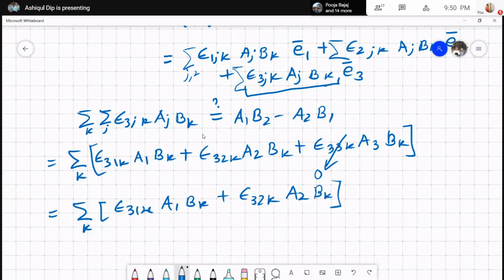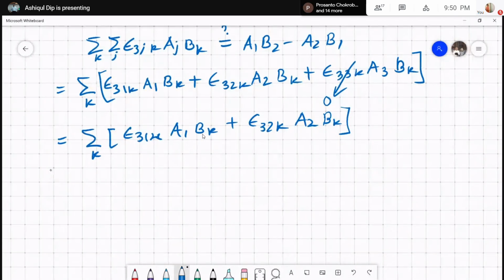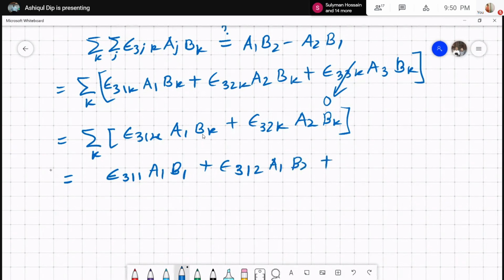Right? Now we can expand the sum over k as well. For the first term, it gives you epsilon 311 a1 b1 plus epsilon 312 a1 b2 plus epsilon 313 a1 b3, right? And for the second one, what do you get? Someone please tell me.